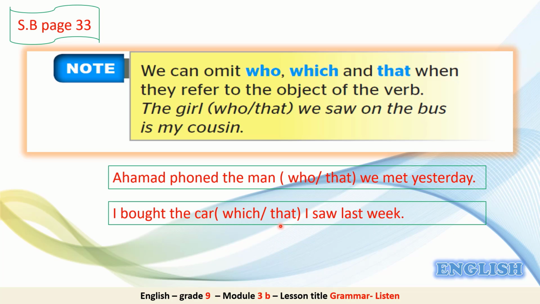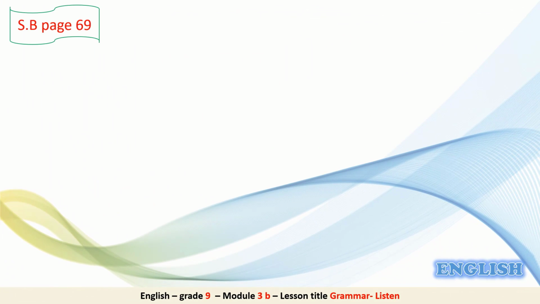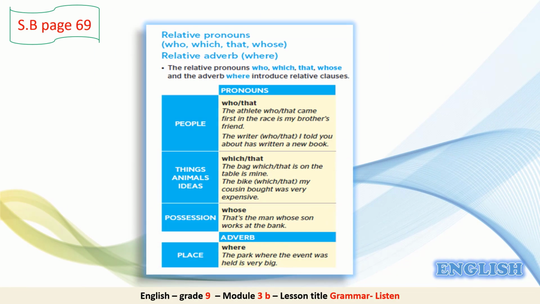In this case, we can omit which or that. Why? Because the car here is the object of the verb. In this case, we can omit it. For more information about relative pronouns, you can go to students book, page 69, and have a look at the notes here.